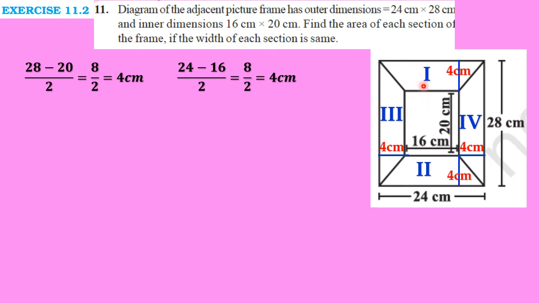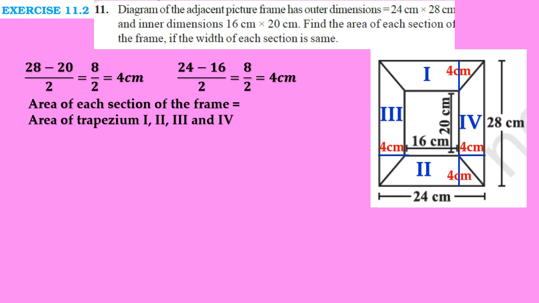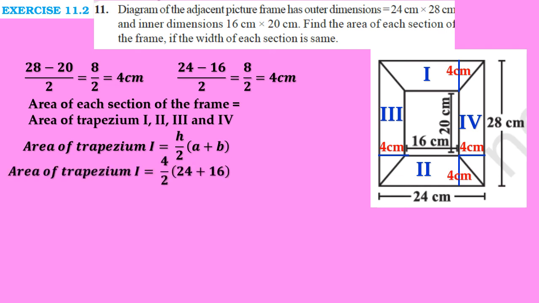Here trapezium 1 and trapezium 2, they are the same, they are congruent. And trapezium 3 and trapezium 4, they also have the same measures. So area of each section of the frame is equal to the area of trapezium 1, 2, 3 and 4. Trapezium 1, substitute the values.